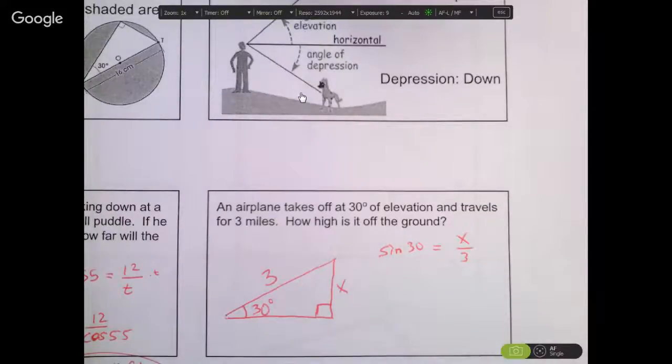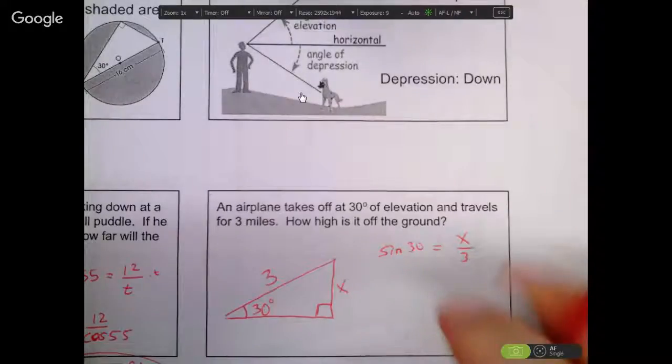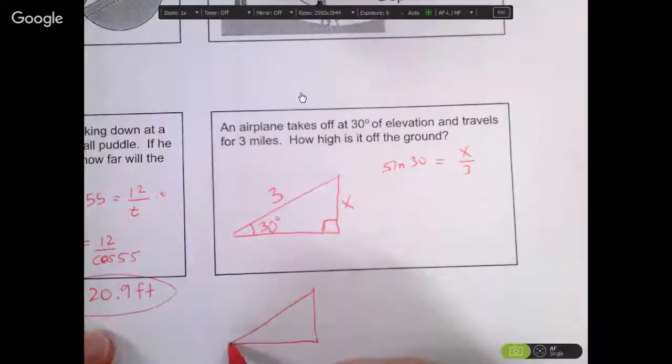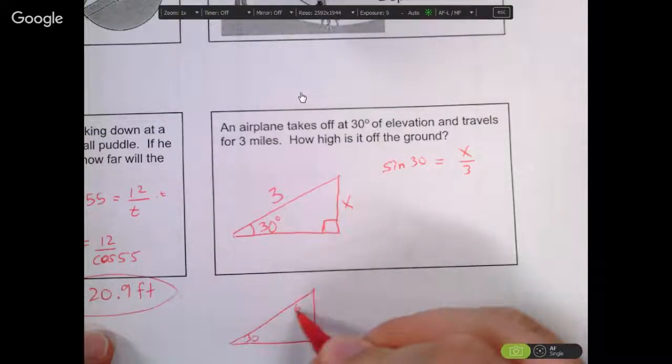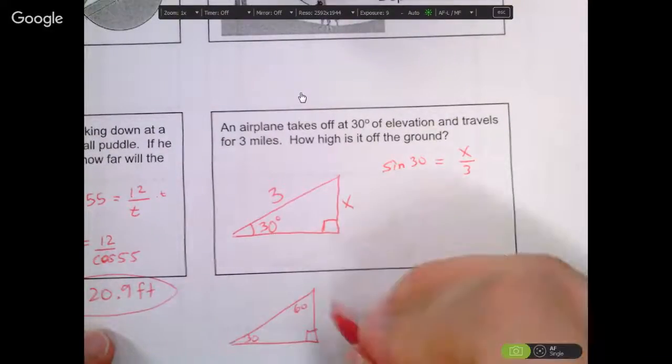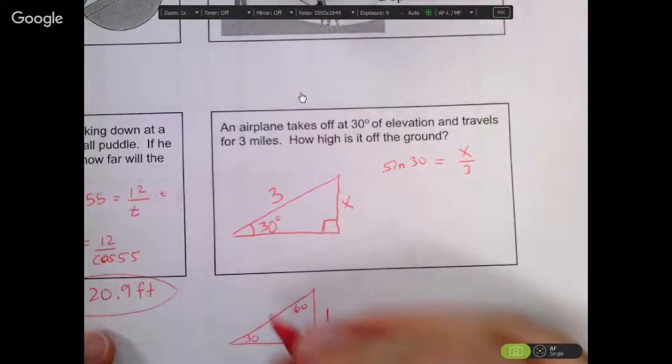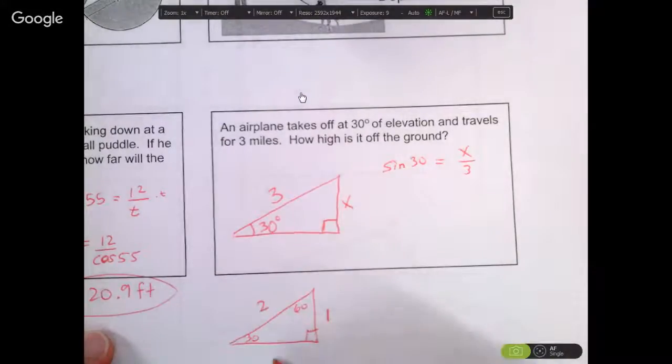Now this is how you would tell me the sine of 30. I would come down here off to the side and draw a 30-60-90 triangle. I would call the side here 1, this 2, and this square root of 3.